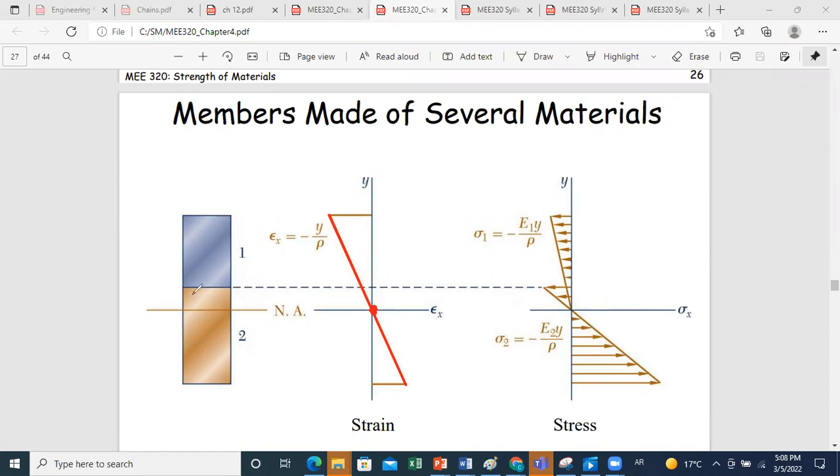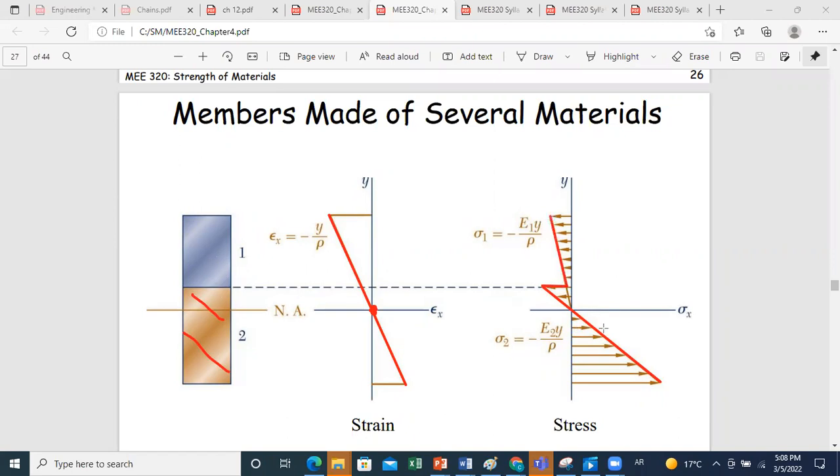In material 2, we have a certain slope, as you can see here, depending on the modulus of elasticity E2. And then suddenly when we move from one material to the other, we'll have a sudden change in slope of sigma. So we'll still have a linear variation, but with a new slope.